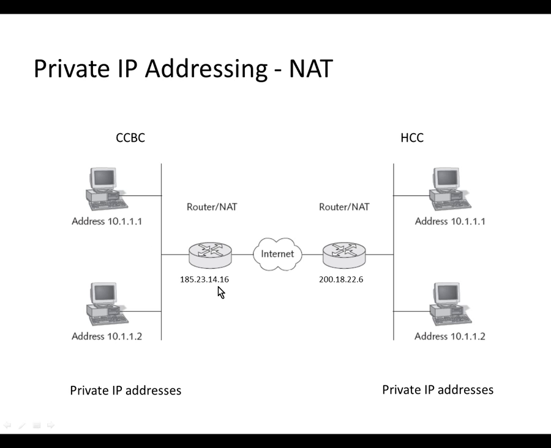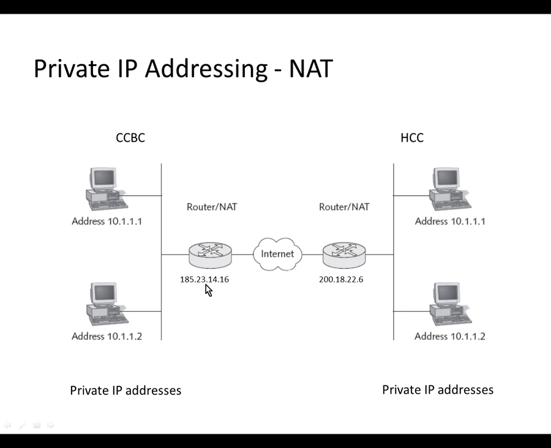So here's how things have changed at CCBC. At the Catonsville campus, formerly, we needed 3,000 public IP addresses so each computer could access the internet. But now our internal computers use private IP addresses, and they all share one public IP address.